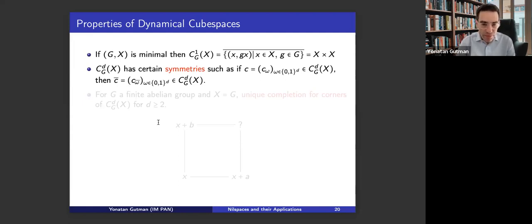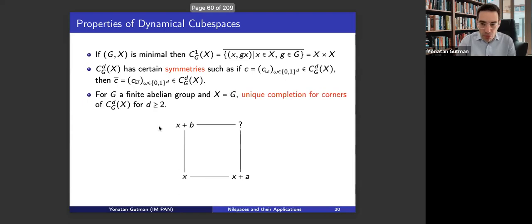You can prove that. Also, when G is a finite abelian group, you have unique completion for corners, in the sense that if you know that here you have x, here you have x plus b, here you have x plus a, then here there is only one possible choice, it's x plus a plus b.